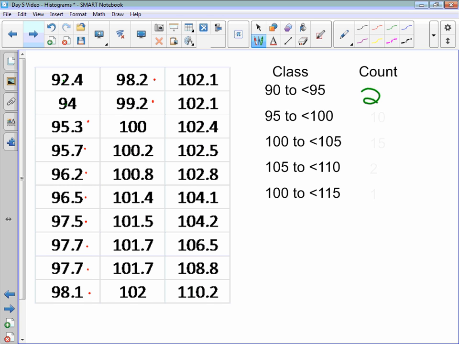Remember, it's less than 100, so 100 falls in this next bin. So in the next bin, there are 1, 2, 3, 4, 5, 6, 7, 8, 9, 10, 11, 12, 13.